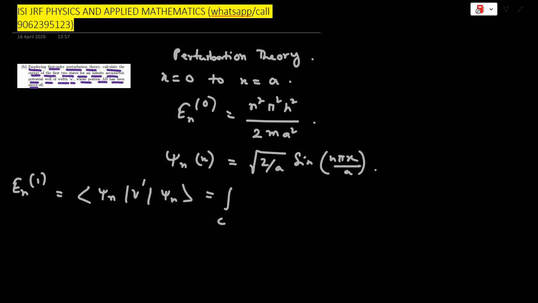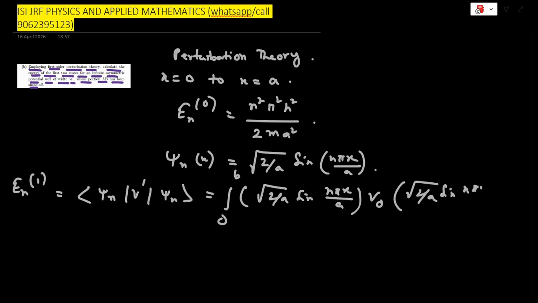So this is the integral from 0 to b of root over 2 by a sine n pi x by a, times V0, times root over 2 by a sine n pi x by a, dx. Right?